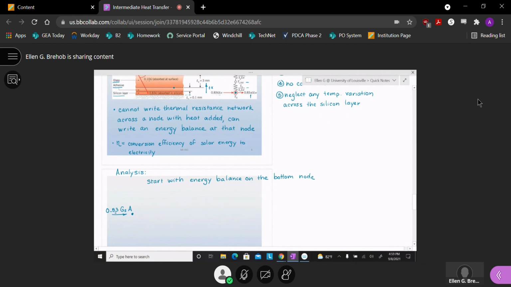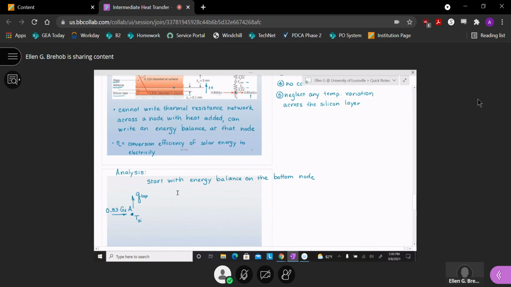So I'm putting in 0.83. I put a little G subscript S, so that's my solar irradiation. And instead of carrying the L times W, I'm just going to call it an area, surface area. Okay. So this is my node, my temperature node for the silicon.